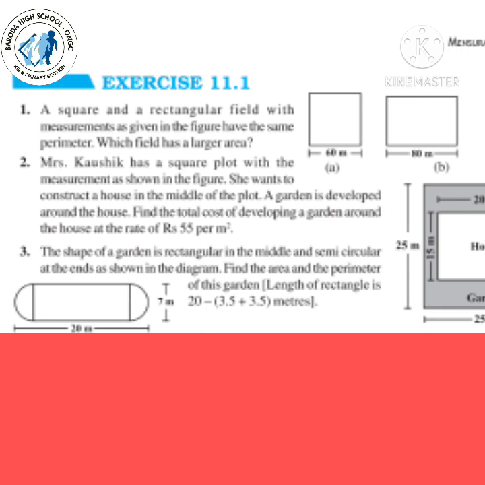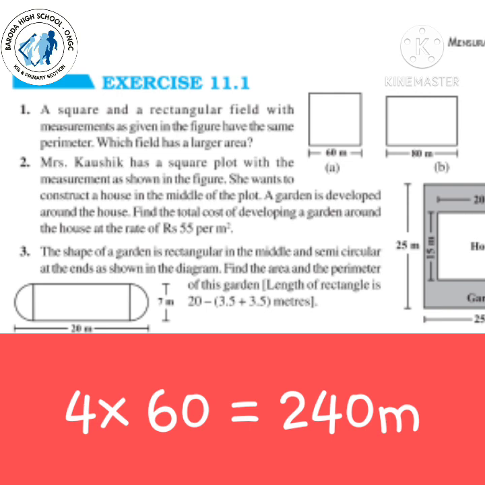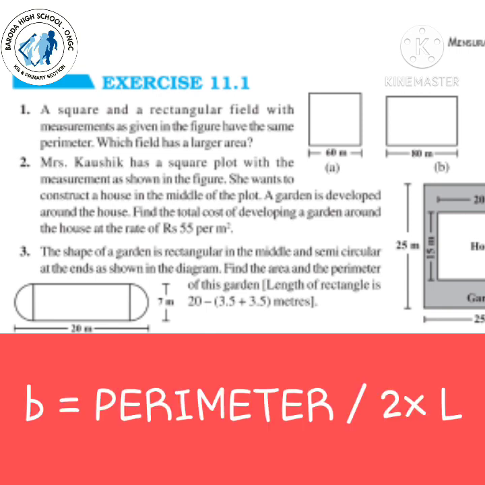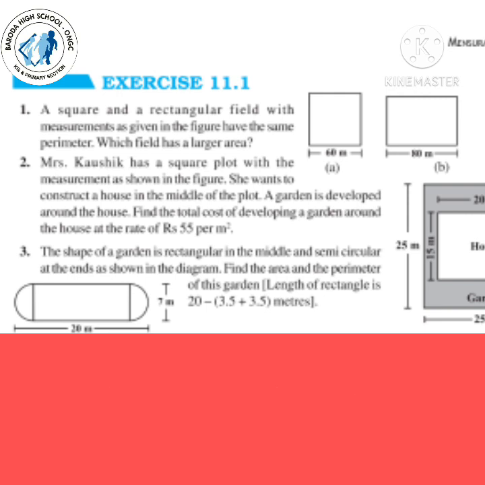So first find the perimeter of the square field, which has side 60 meters. Its perimeter will be 4 into 60, that is 240 meters. To find the perimeter of the rectangle, we need the breadth. But here the breadth is not given, only the length is given. So breadth is equal to perimeter upon 2 minus length.